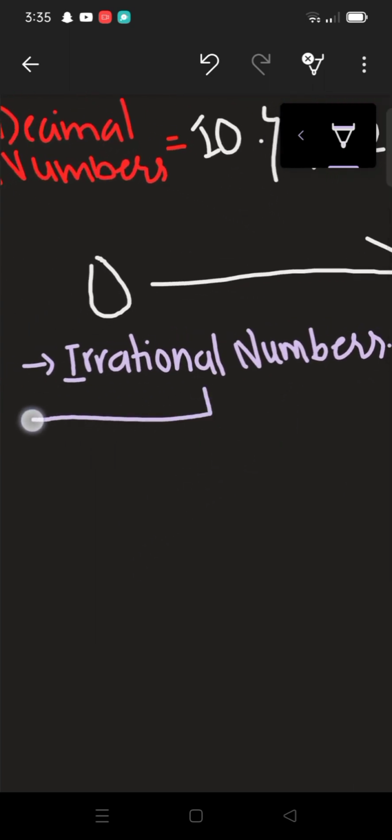Now we have irrational numbers. Again, in the irrational number, there is not a concept of "or". There is a concept of "and". Means if your number is non-terminating, it has to be non-recurring as well.